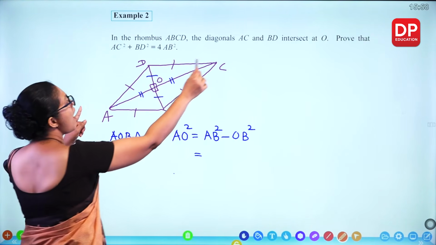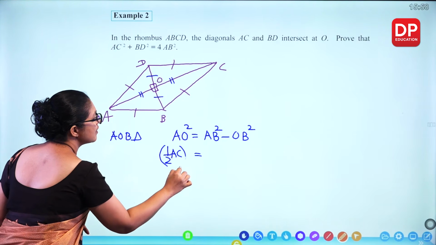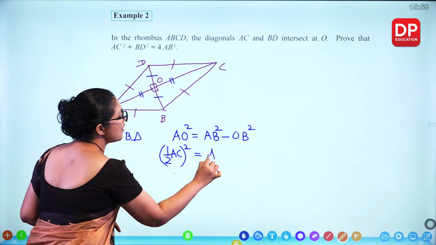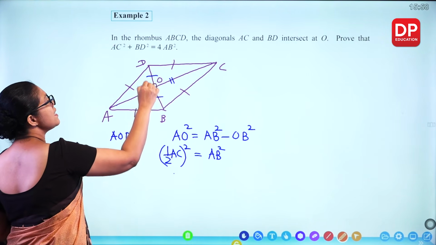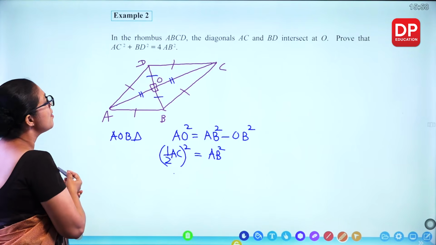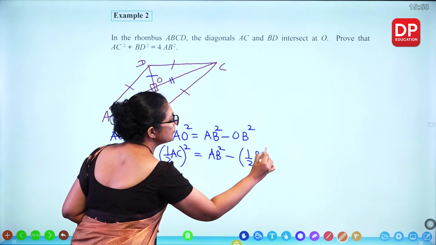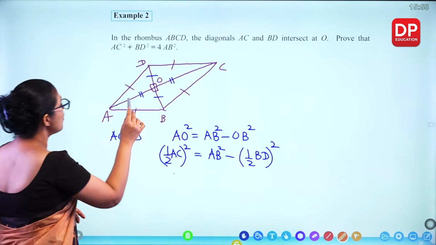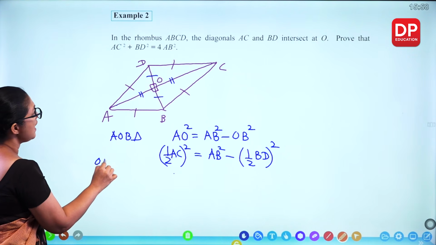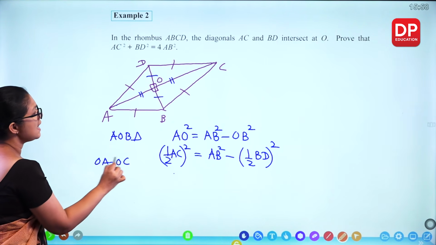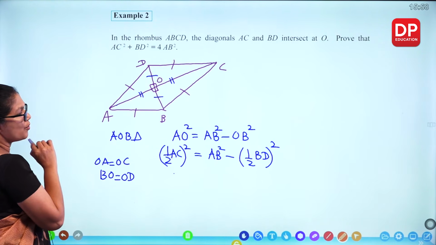AO is half of AC. What's AB? We can write AB as it is. What is OB? OB is half of BD. You can write down why I can write this one: OA is equal to OC as well as BO is equal to OD.